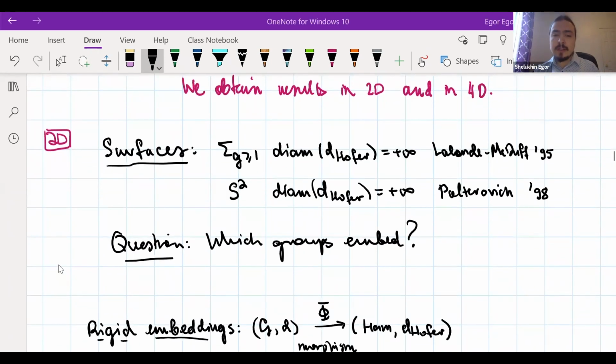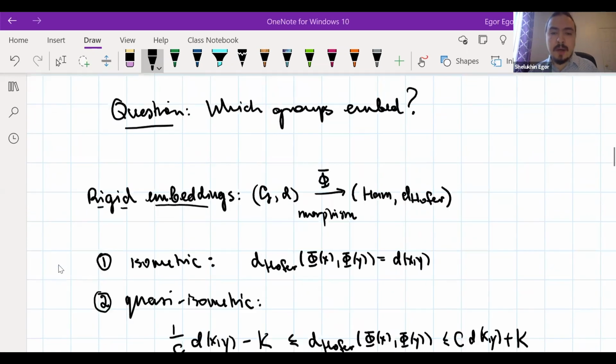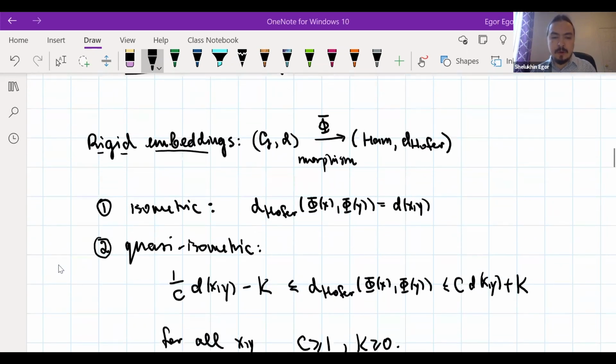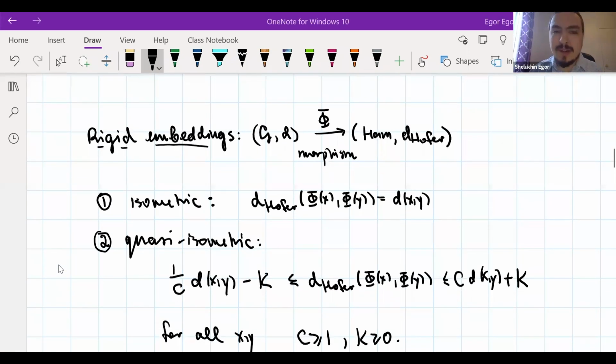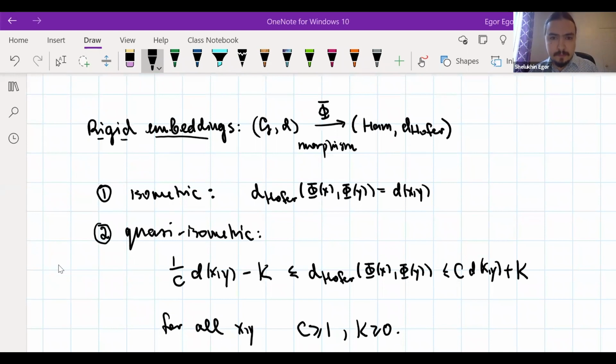So we might ask which groups actually embed there in a rigid way. And here by rigid, I will focus on two particular definitions. So let's take a group G with a bi-invariant metric D. So for us, G will be just abelian, so we don't worry too much about it.